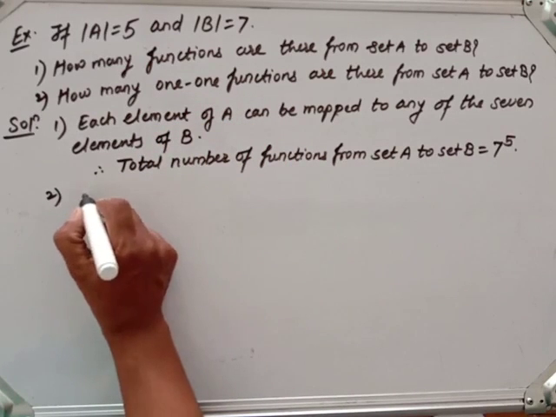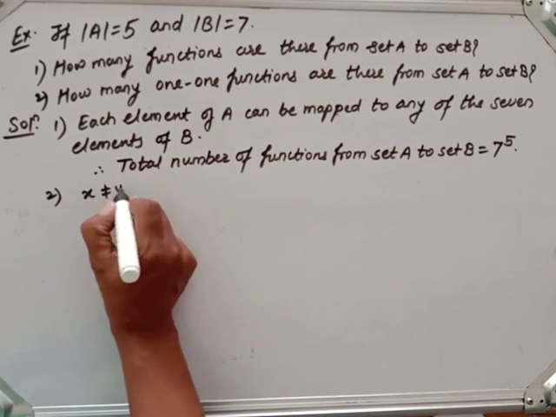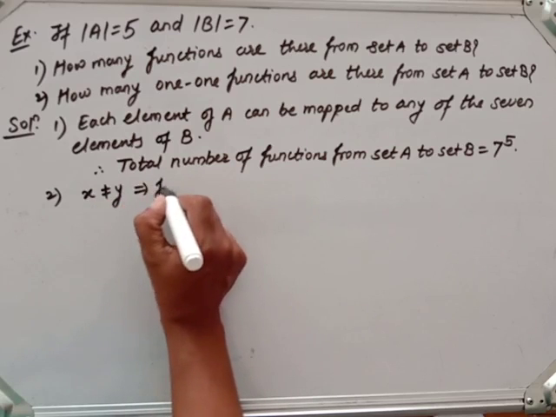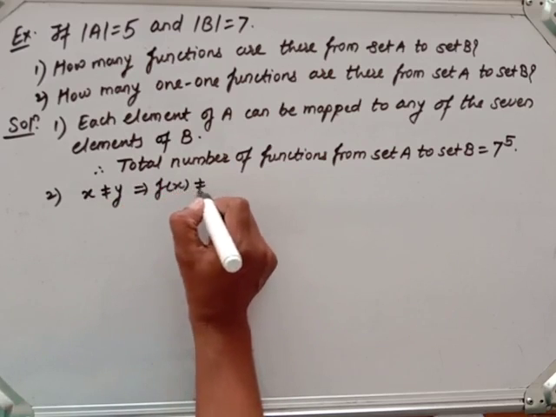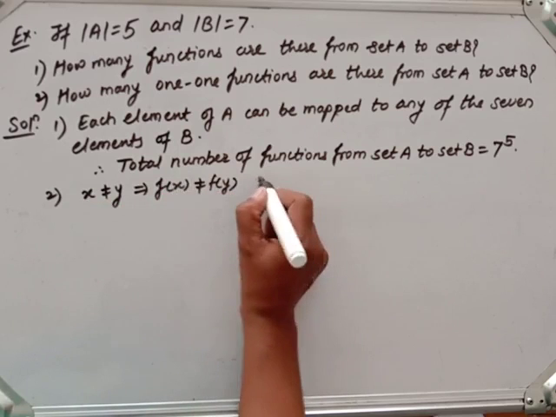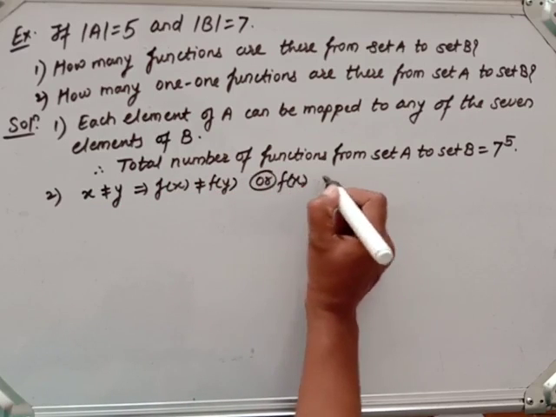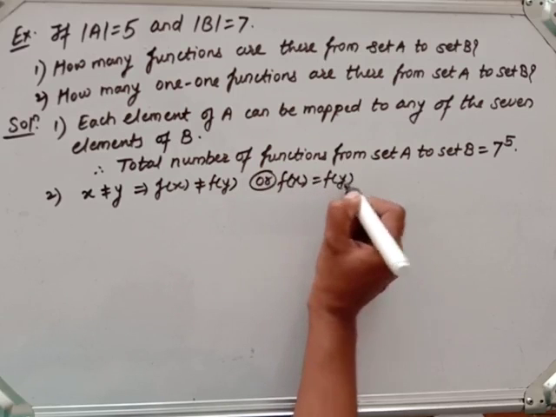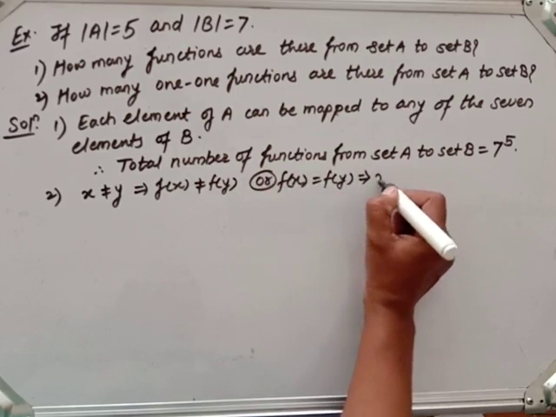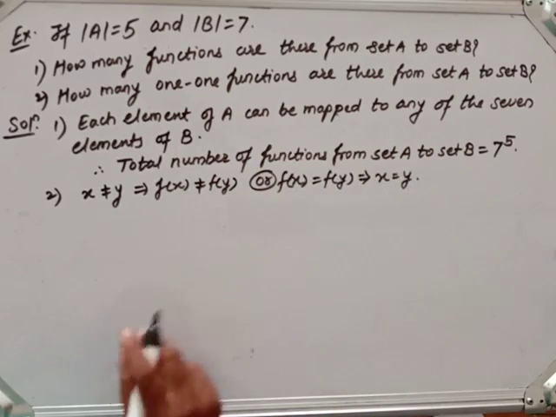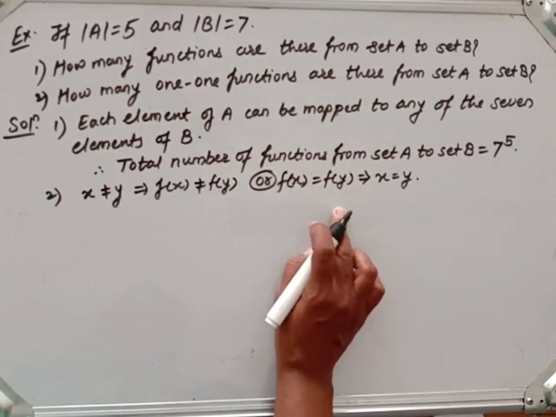Now you know 1-1 function means what? If the elements are different, then images should be different. Or another definition is what? If images are equal, then the elements should be what? Equal. This gives x equal to y. These are two different definitions for this.